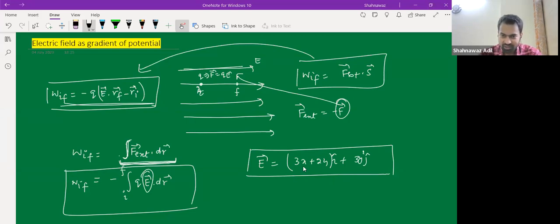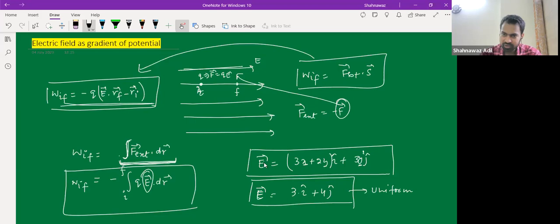You see that these are x and y variables. E is not something like 3i plus 4j. If E is like that, it is not dependent upon any variable, so it is uniform. But in this case, E is dependent upon x and y, which means that if I change x or y, the electric field will change.